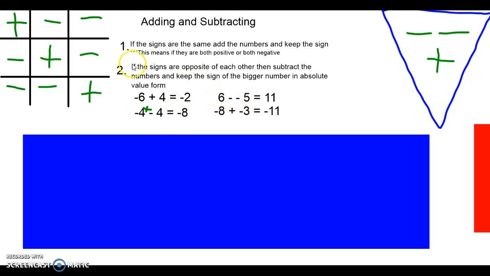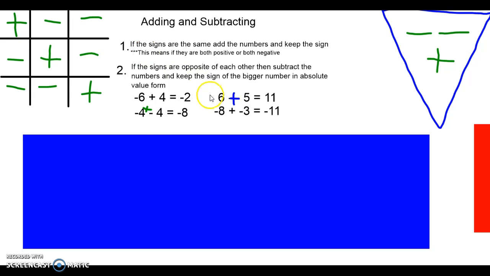And here we have 6 minus negative 5. Well, here we have two negative signs next to each other, and any time you see two negative signs next to each other, go ahead and bring them together and make it a plus sign. That's all there is to it, and that becomes just 6 plus 5, which we know as 11.